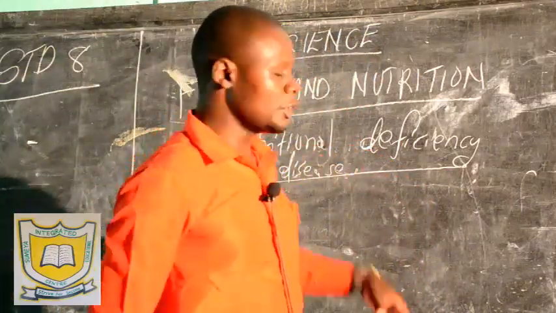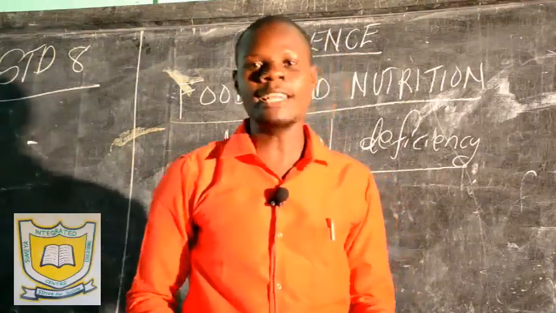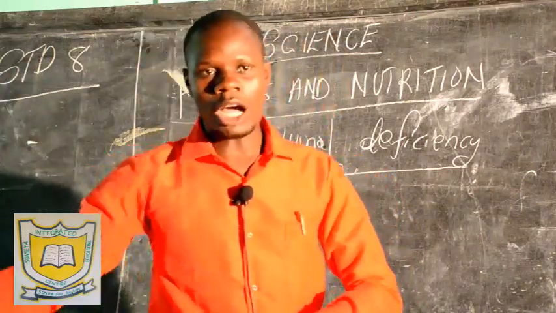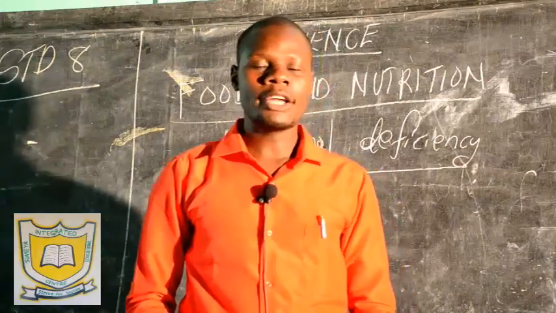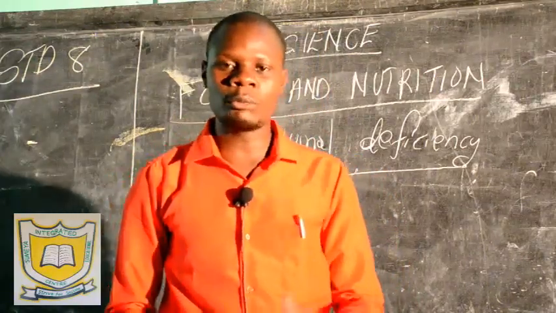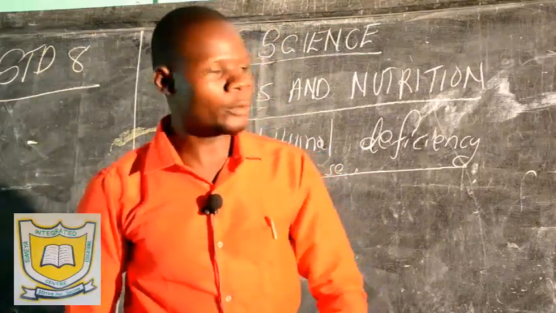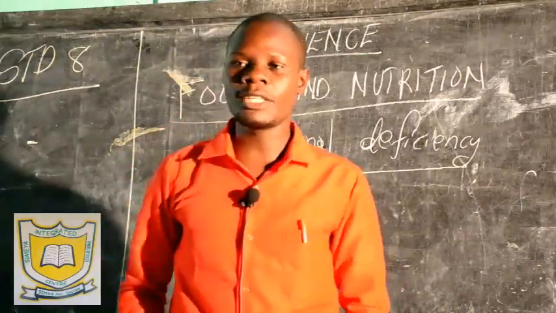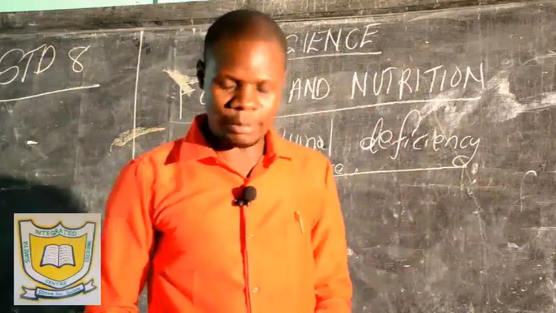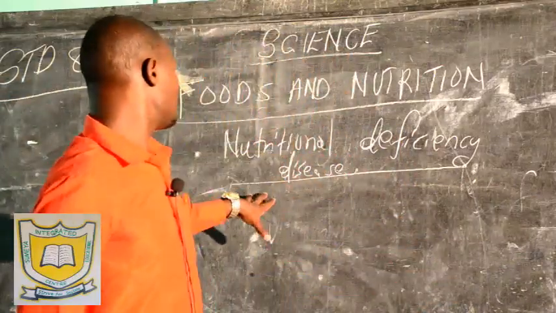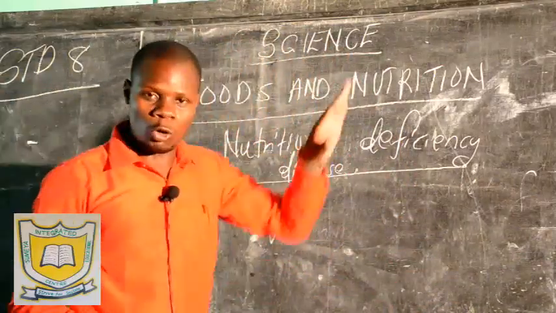If you lack a different nutrient, you find that there are so many diseases that can affect you. For example, if you lack protein in your body, you will suffer from kwashiorkor. If you lack iron, we have anemia, we have rickets, we have marasmus, and so many other nutritional deficiency diseases. So go through them.